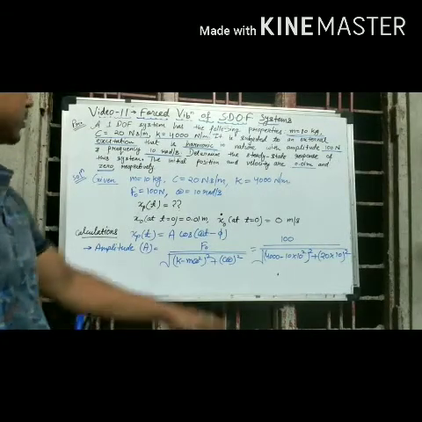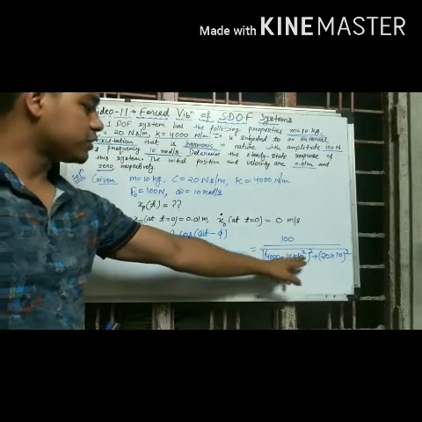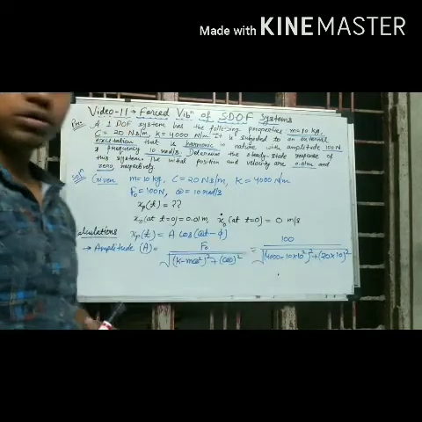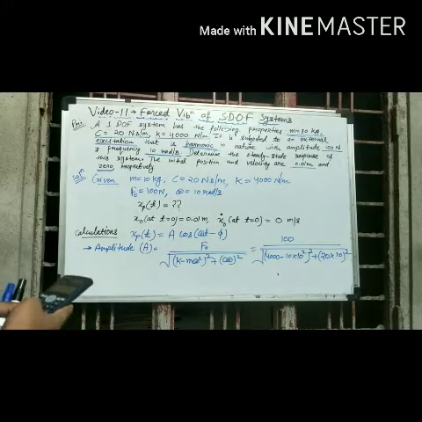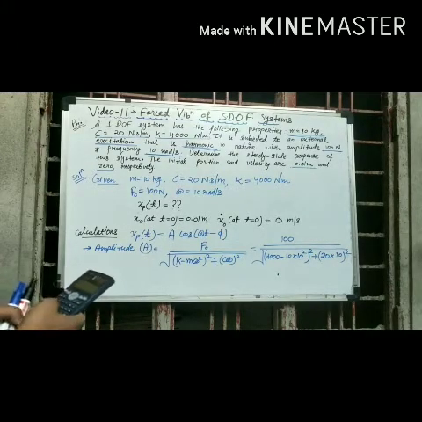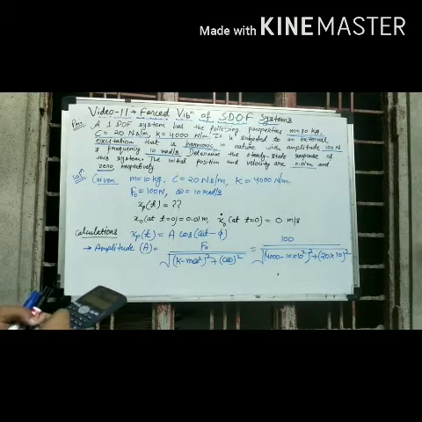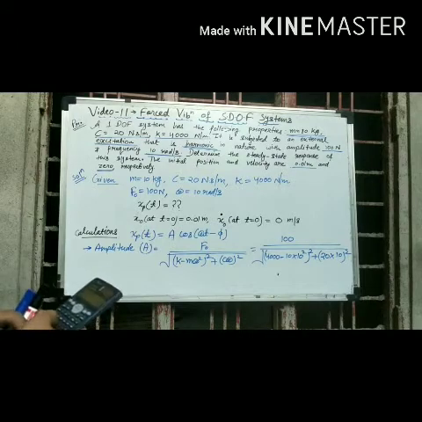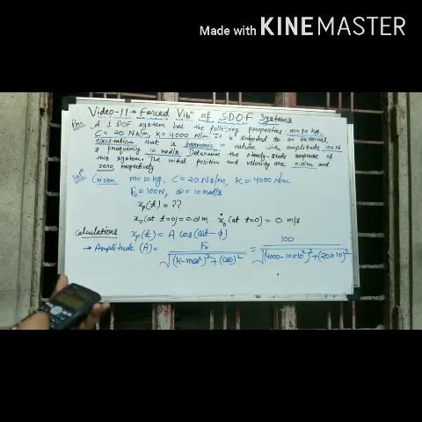So the amplitude is 100 by square root of (4000 minus 10 into 10 square) whole square plus (20 into 10) whole square. So we will calculate the amplitude. It is 4000 minus 10 into 100, square, plus 20 into 10 is 200, so 200 square.